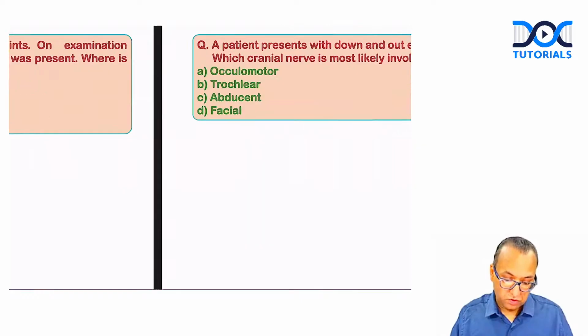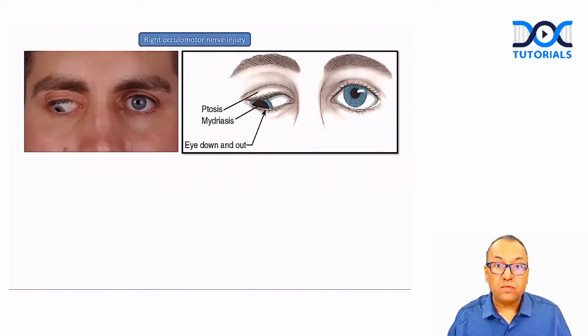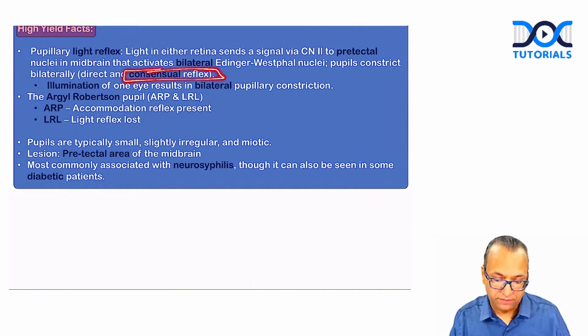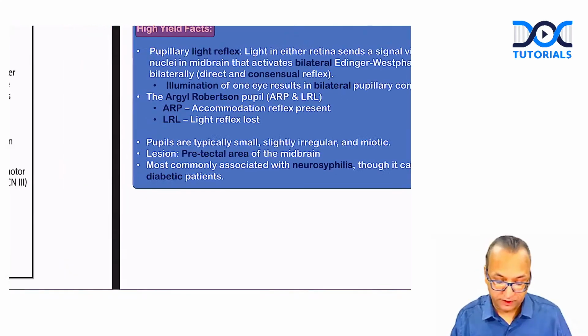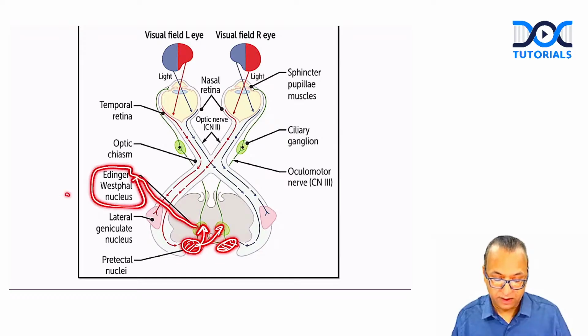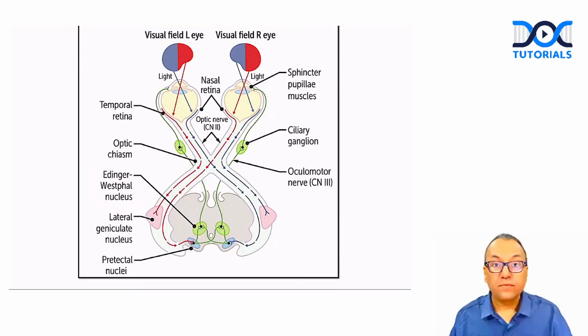Now, because both are considered, it is consensual light reflex. Even if you show light on one eye, both of them will be constricted because the pretectal nucleus has bilateral control over the Edinger-Westphal nucleus. That is why consensual light reflex. Pretectal count as afferent?